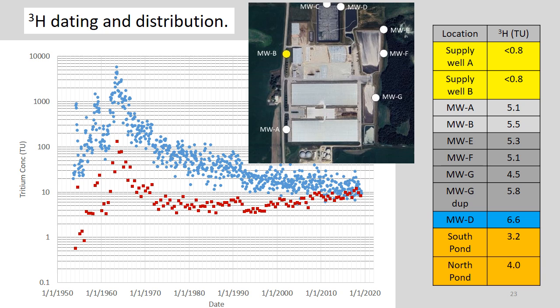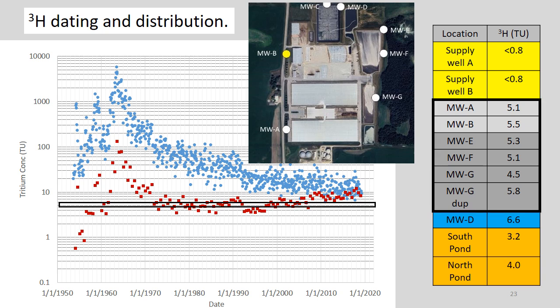The only one that's out of line is MWD. And when we look at that for age, that puts it down here in the early 2000s, and that's prior to when the dairy was established. So the tritium indicates that the groundwater that has the high nitrate on the downgradient side is not related to the dairy.